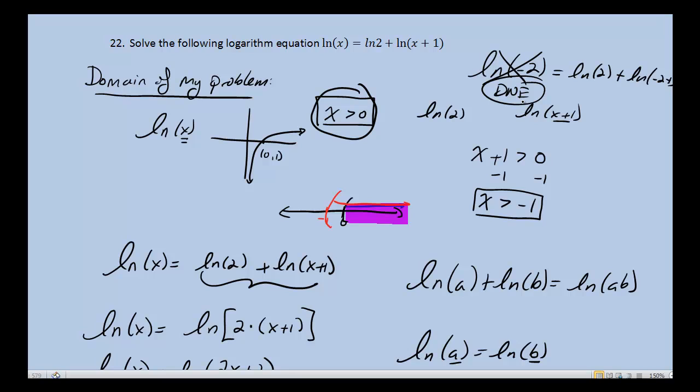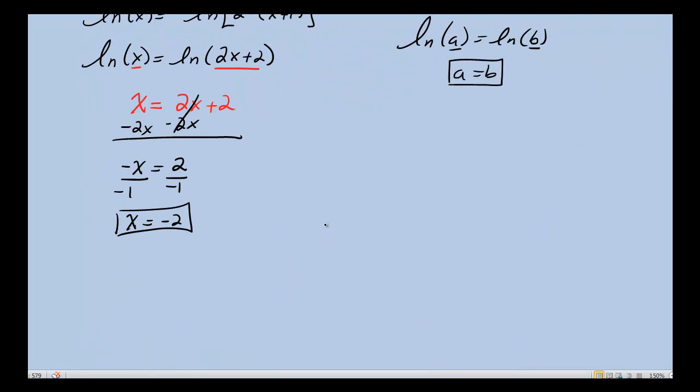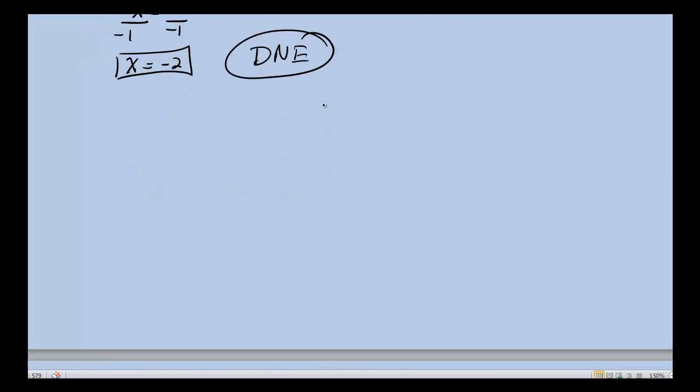We cannot take the natural log of a negative number. That also does not fall in our constraint. If we look down here, negative 2 is not in our purple area, which we said is the domain of the problem. Therefore, since this does not fall in the domain of our problem, this solution does not exist.